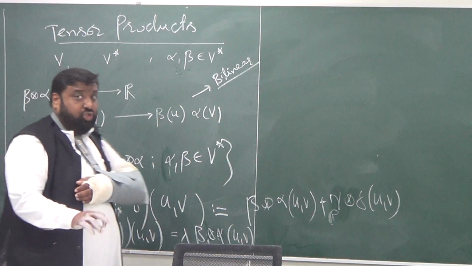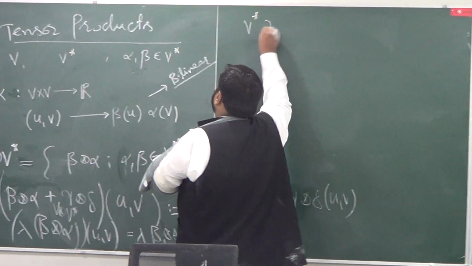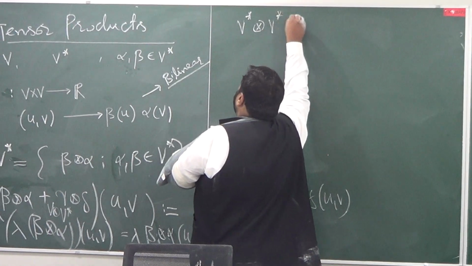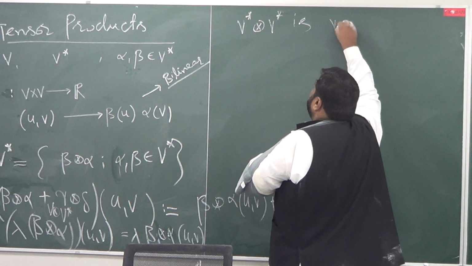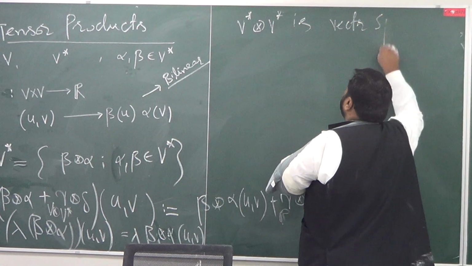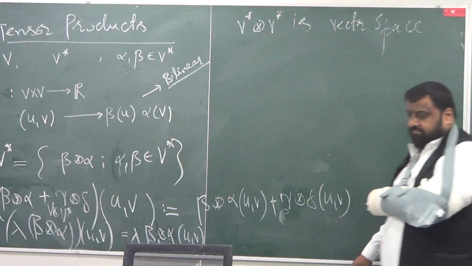And we can show that this tensor product V star tensor V star is a vector space.